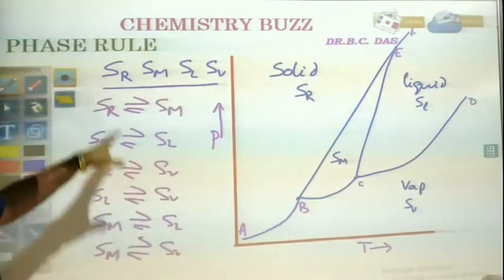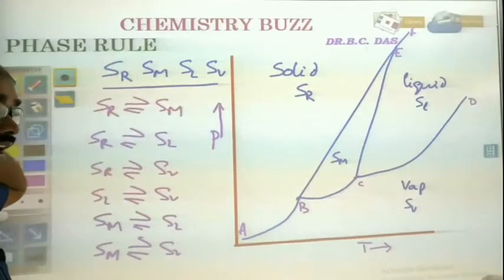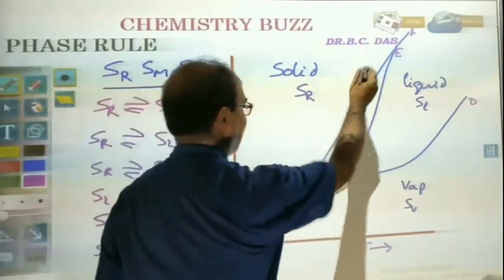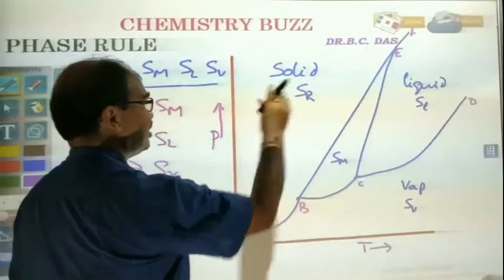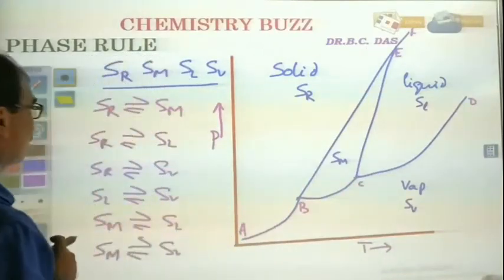Theoretically we have written all six taking these 4 phases, and now we identify which one is which curve.